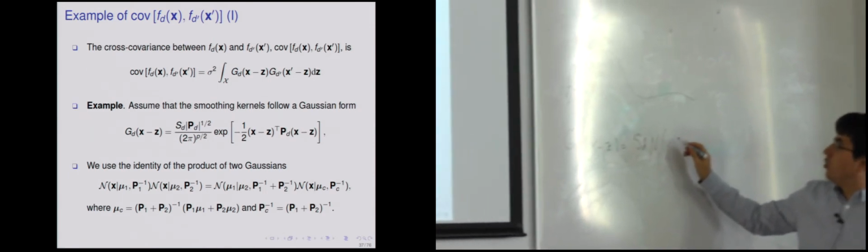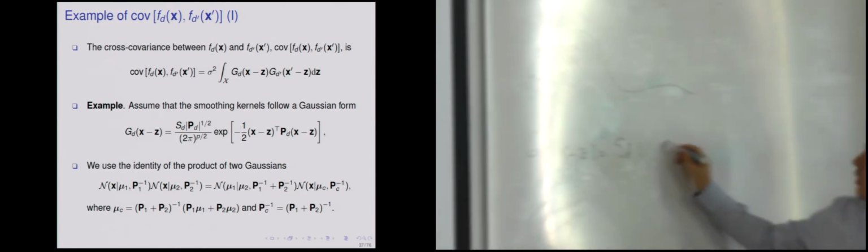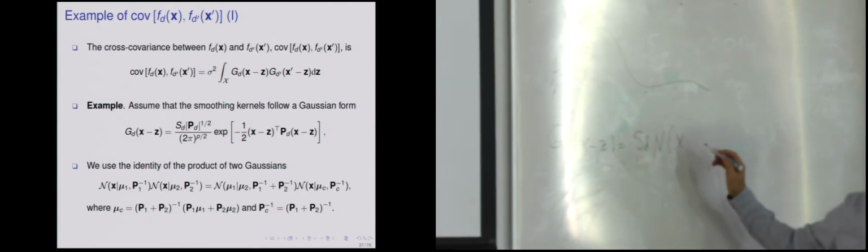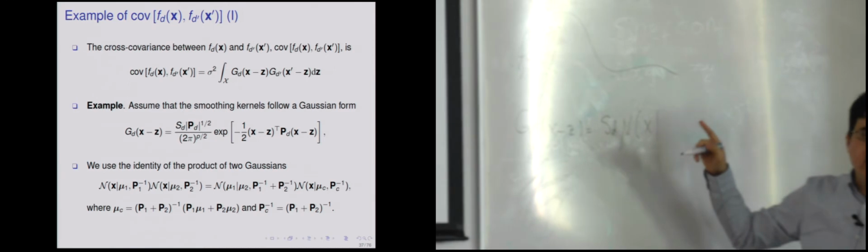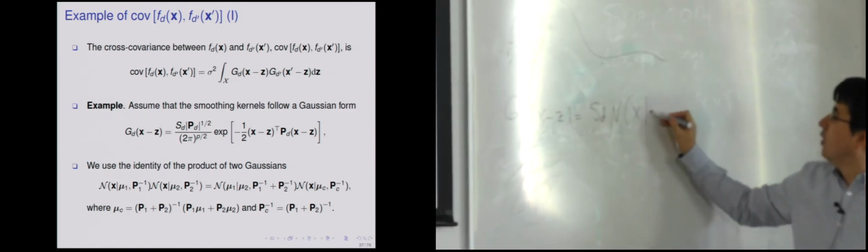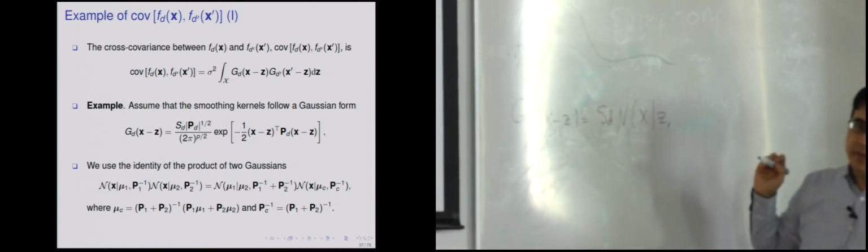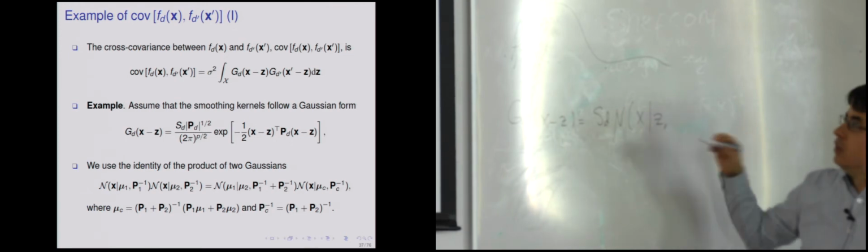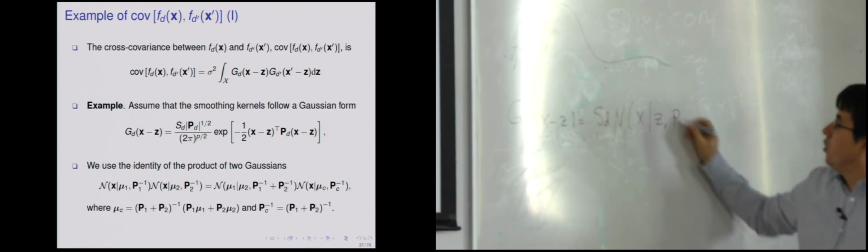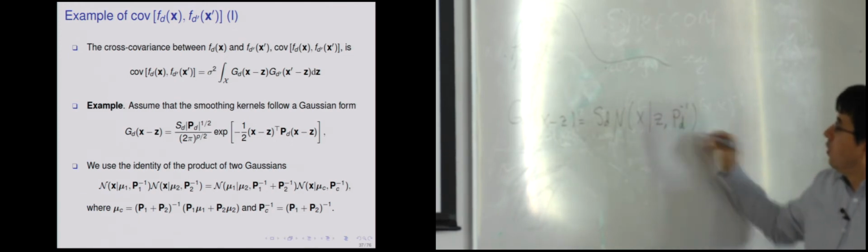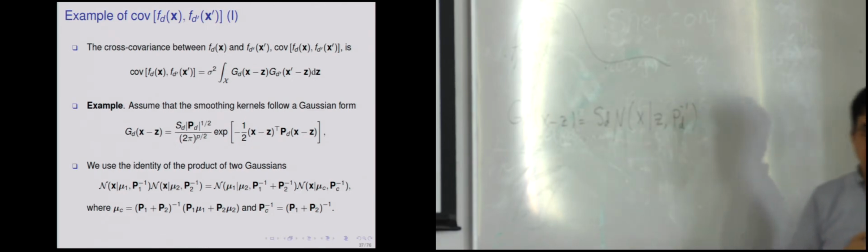And then I could say x, and then treat z as the mean, and then PD, which is the precision.